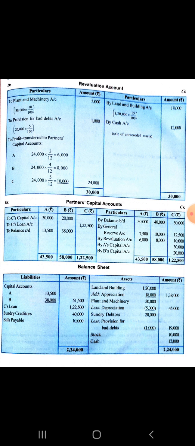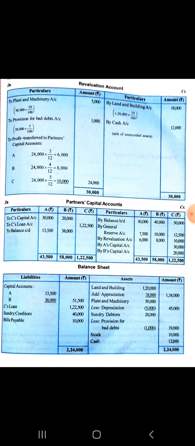Amount increased is 18,000. Increase in value of assets is credited to revaluation account. So, revaluation account credit side, land and building 18,000.